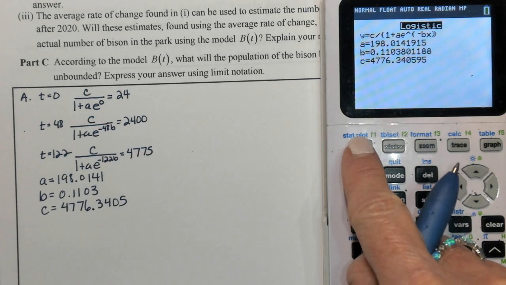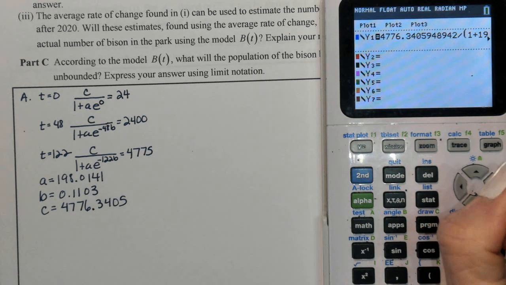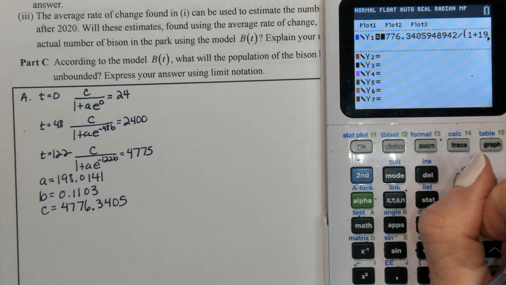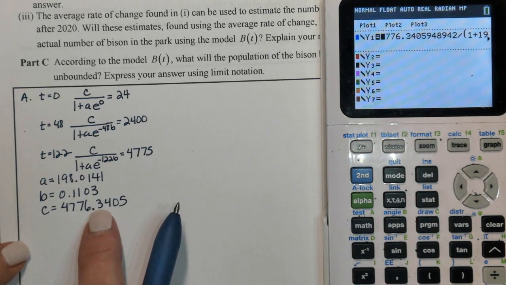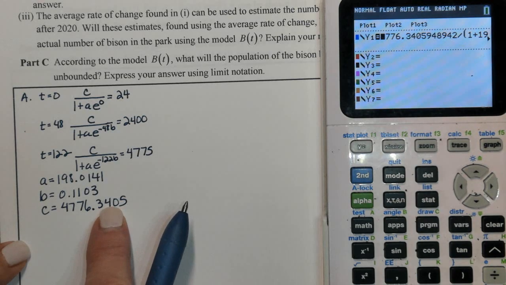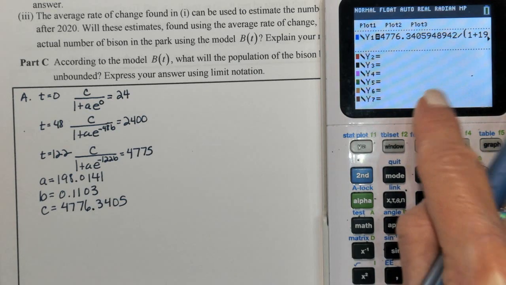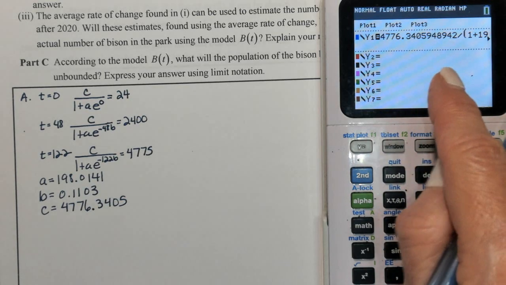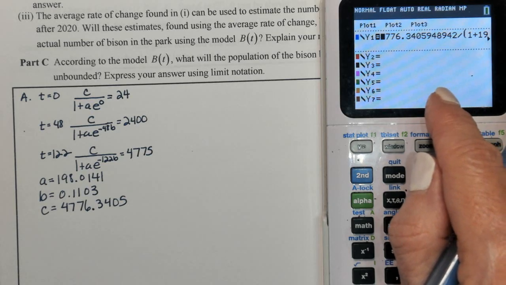Now, in for Y1 are the unrounded versions of A, B, and C, which we want. We always want the unrounded versions. So when you're using your calculator, you might write down only 3 digits after the decimal point, but you are using all of the digits after the decimal point. Because in every calculation, your final answer has to be correct to 3 digits after the decimal point.